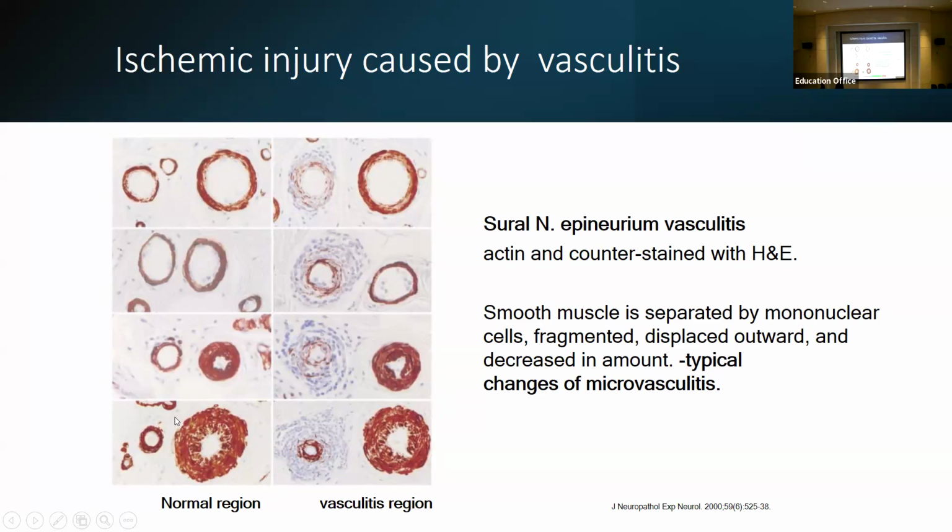And you can see here, compared to the normal region, in the vasculitis region this brown color, which is smooth muscle, is separated by mononuclear cells. They're fragmented and displaced outwards and decreased in amount. So this is the typical change of microvasculitis.